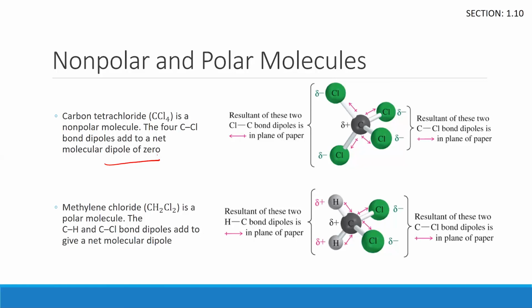However, if you have this molecule, methylene chloride, in this case, 2 of our connections are hydrogens instead of chlorines. You can see that this molecule is not symmetric anymore in its shape. We have an area that is negative and an area now that is positive, because the polar bonds are not equal all around the molecule.